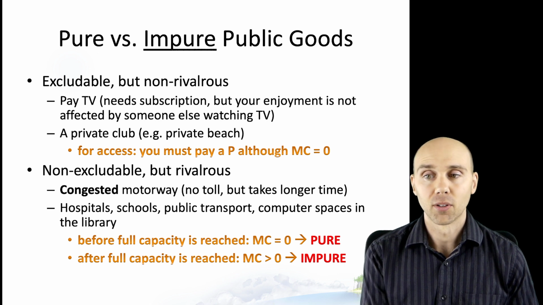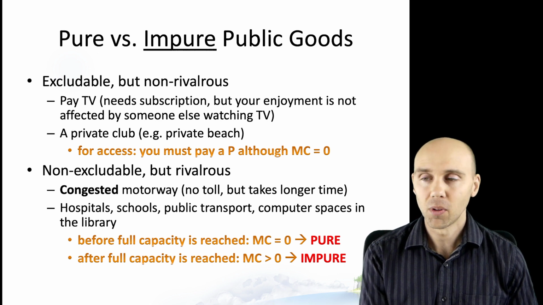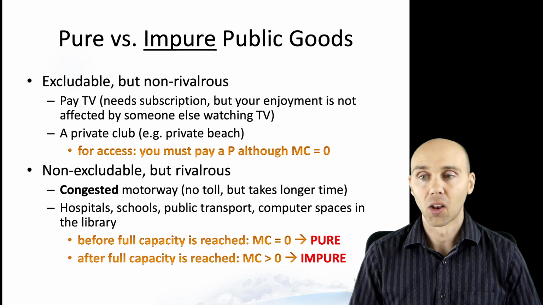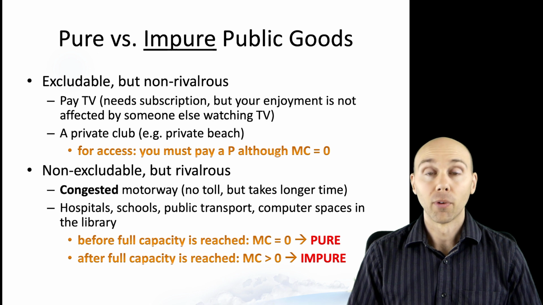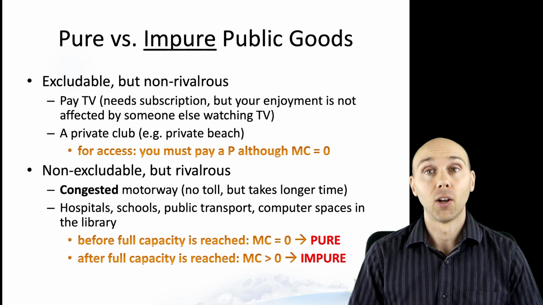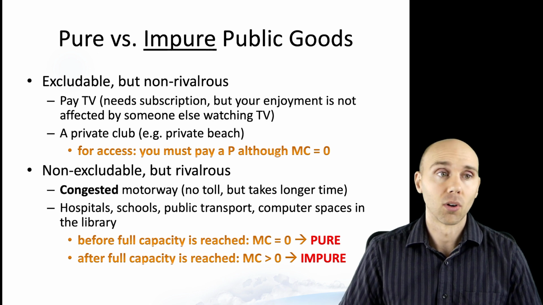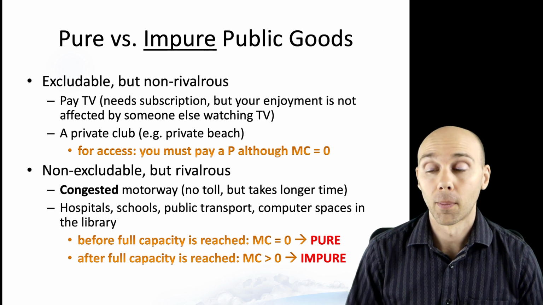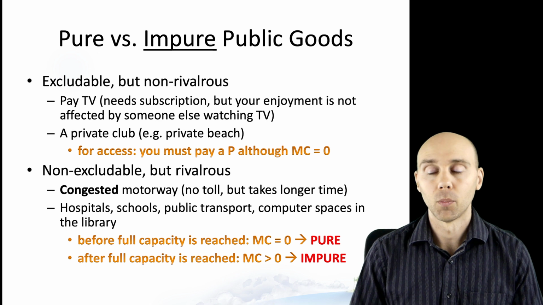And other ones that are non-excludable but rivalrous and are similar to public goods up until a point. So something like computer spaces in the library is an example of that. Before you reach the full capacity of those computer spaces, the marginal cost of adding one more is essentially zero. But once you reach that full capacity, then you have an impure public good.